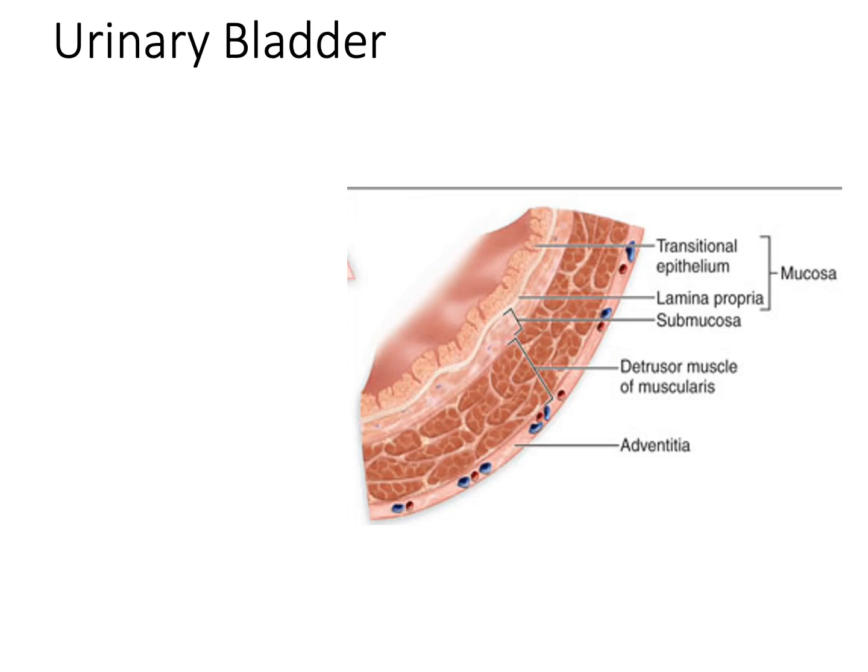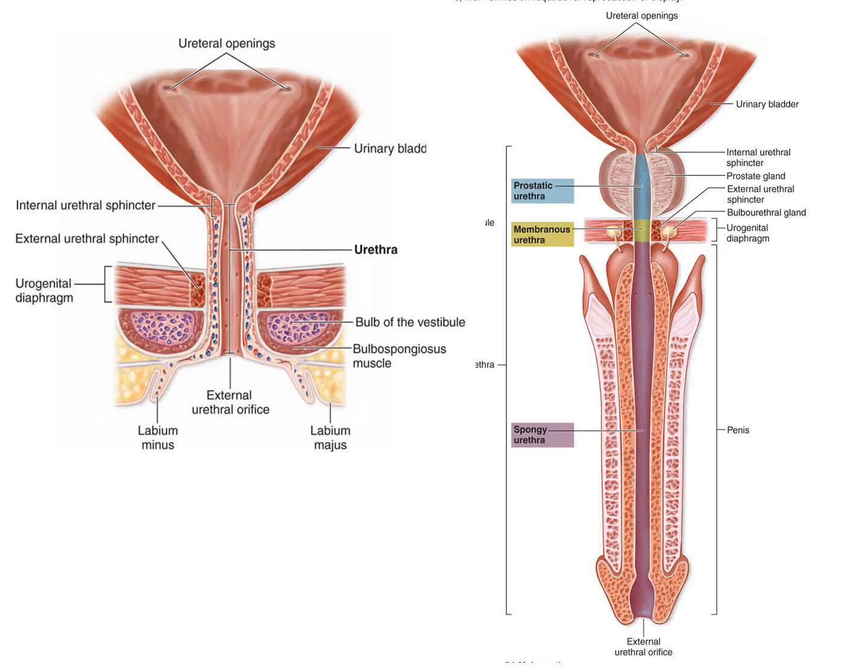As we exit the urinary bladder itself, coming away from the urinary bladder, we get the urethra. The urethra is going to be sexually dimorphic, which means that male urethras are going to be different than female urethras. The external sphincter for the female urethra is much closer to the urethral orifice as opposed to the male urethral orifice.